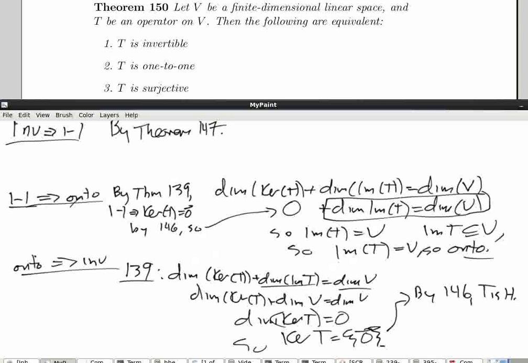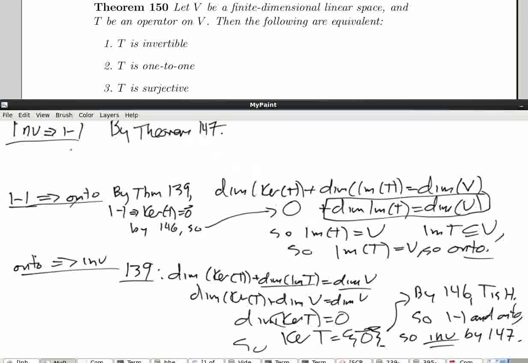I'm using all the same stuff again and again in different orders. So what do I know? I know if it's onto, that means I get 1 to 1. So 1 to 1 and onto, so it's invertible by 147. And that's what I wanted. I want onto implies invertible.